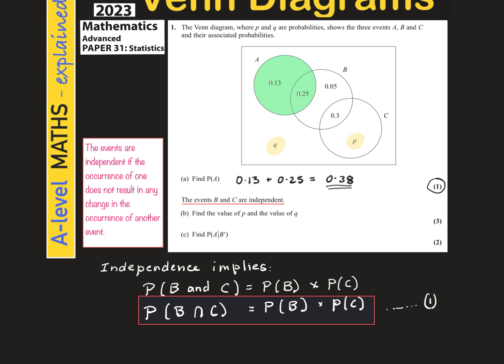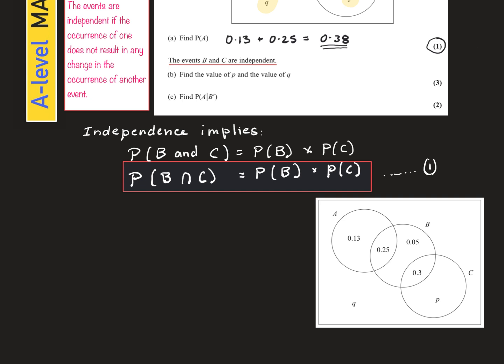Now we need to find the value of P and the value of Q for the other 2 marks. So let's have a look at our Venn diagram again. The probability of B intersection C is going to be right here, which is 0.3. So we start writing 0.3 is equal to, now what's the probability of B?